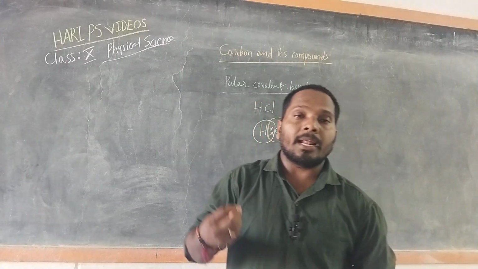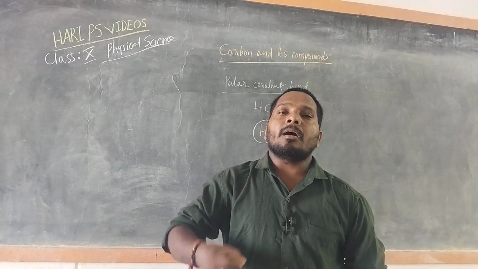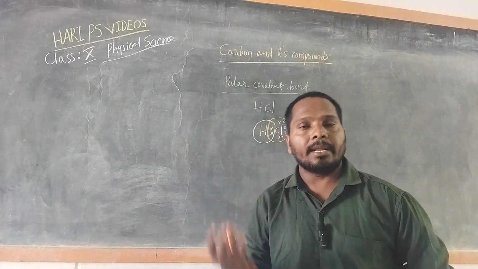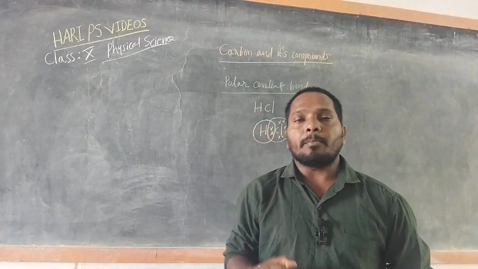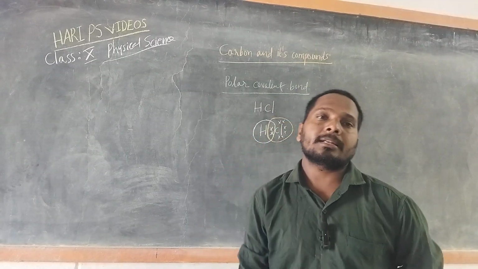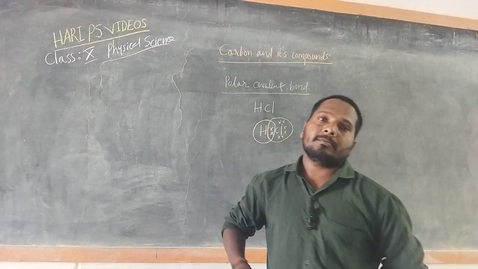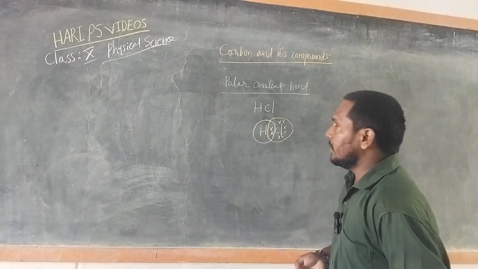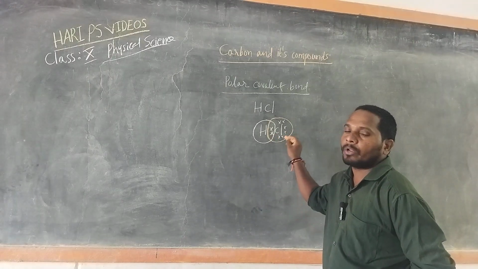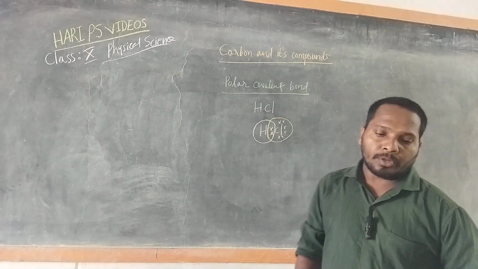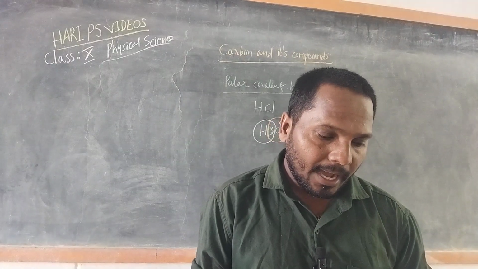Electronegativity of an element is nothing but the ability or tendency of attracting bonding electrons, the electrons which are bonded. So here chlorine has more electronegativity than hydrogen.